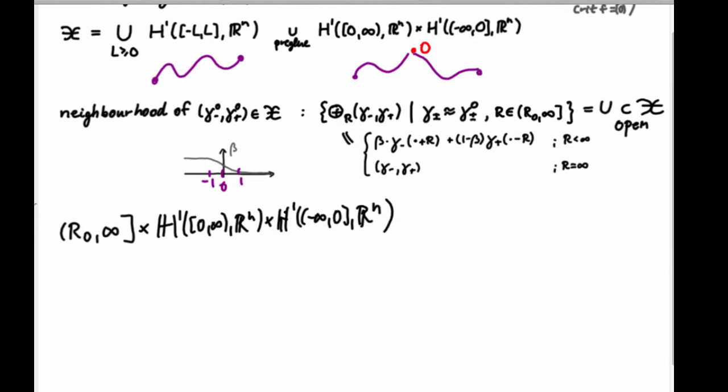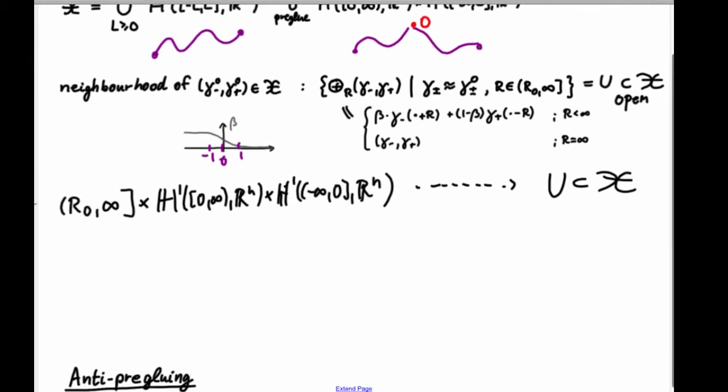And well, previously I wrote somehow pregluing is a map from here to my open subset, but that was not really part of the structure of an M-polyfold chart. Right? What is part of that structure is some kind of retraction. Oops.